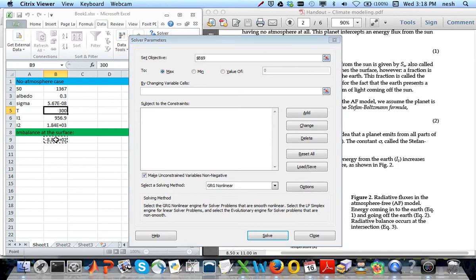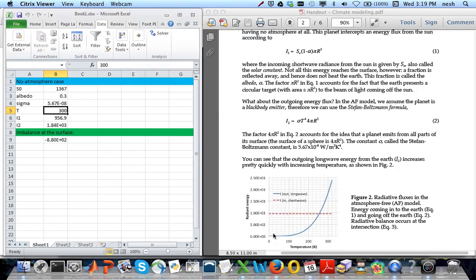Well, I want that box B9 to have a value of 0. So I have to click on this, and this is already 0. Now, how is Solver going to achieve that? Well, it's going to change some cells, and what it's going to change then is the temperature. So I'm just going to click in that box here and then click the temperature, $B5. Yep, that's what I want it to change. And I think we're good to go. Now we can just say solve it.